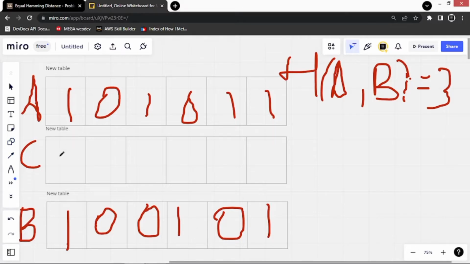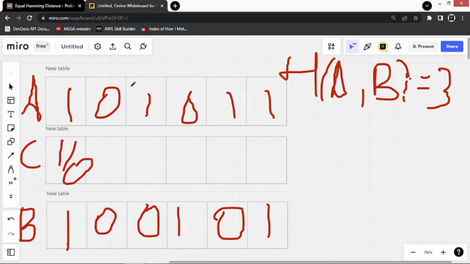Suppose you need to find the binary string C such that the Hamming distances of both are equal. In the positions where A and B are equal, we have two choices: we can fill 1 or we can fill 0.